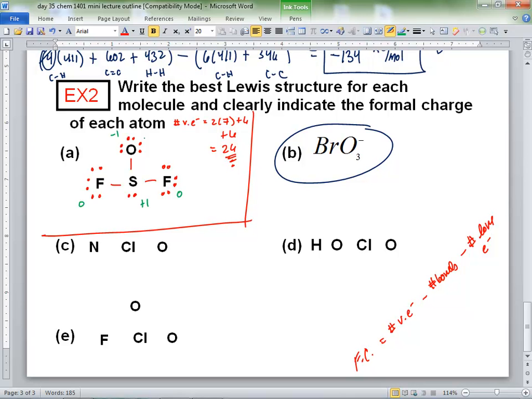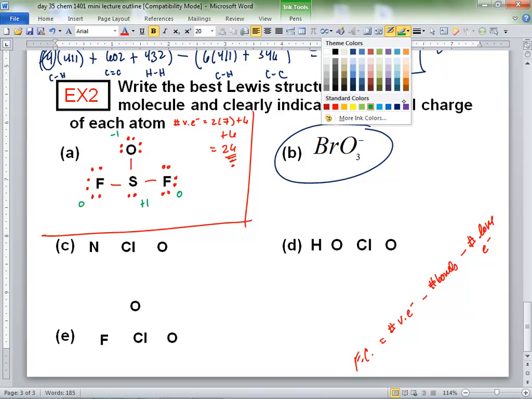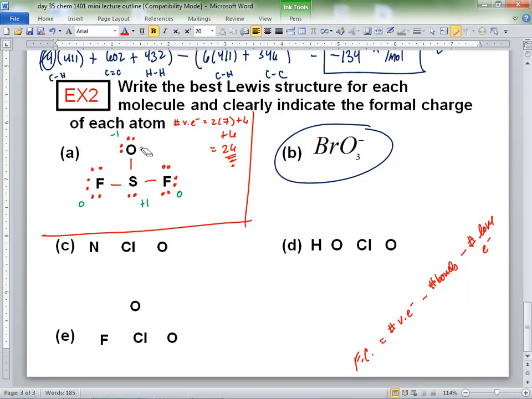I think it looks like everyone's pretty much got this one. You ended up making a double bond. So for A, you can get all zeros. Did you get it?